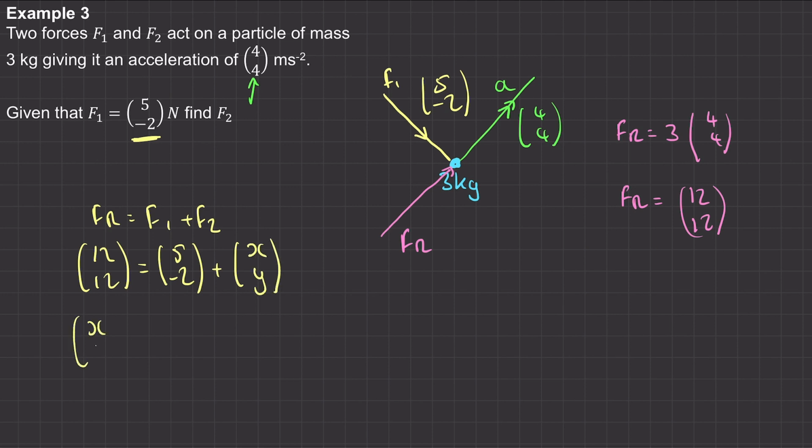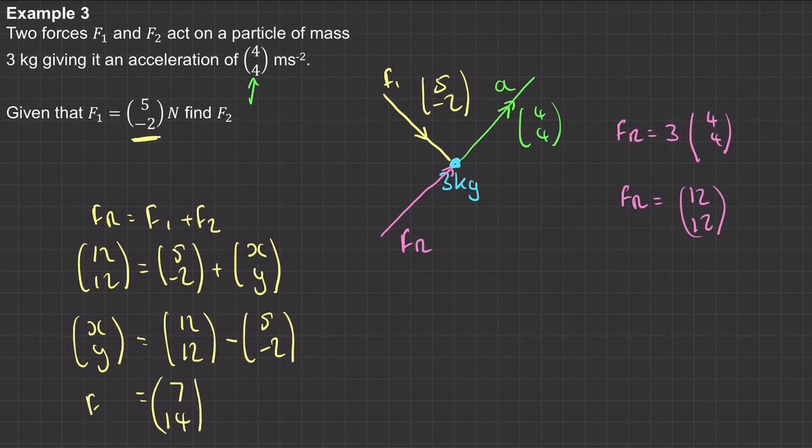So x and y will be 12 and 12 take away 5 and minus 2. So x and y will be 12 take away 5, which is 7, and 12 take away negative 2, which is 14. So this will be F2, and that will be in newtons.